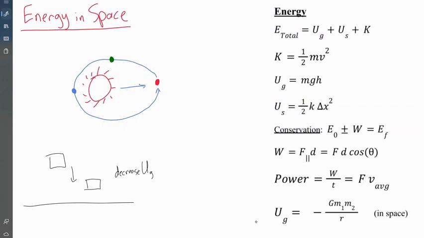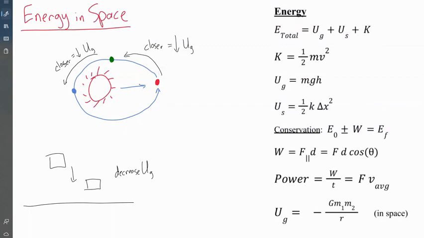So this red planet, from there to the green, is getting closer, which means it is decreasing its gravitational potential energy. And then the same thing is once again true from that green position to the blue position. It's again getting even closer as it's moving around that ellipse, so it is decreasing gravitational potential energy.